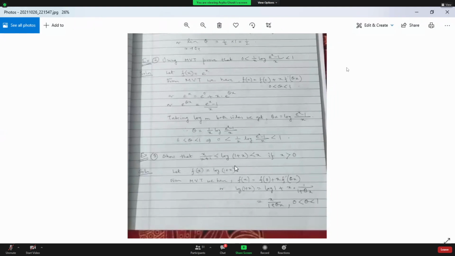So for log of 1 plus x, it will be 1 by 1 plus x. f dash(x) is 1 by 1 plus x, f dash(theta x) will be 1 by 1 plus theta into x. So this will be x into 1 by 1 plus theta into x.